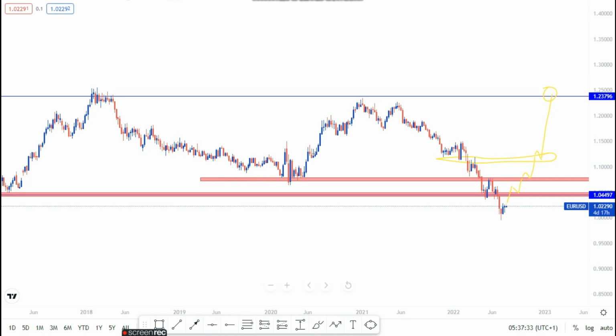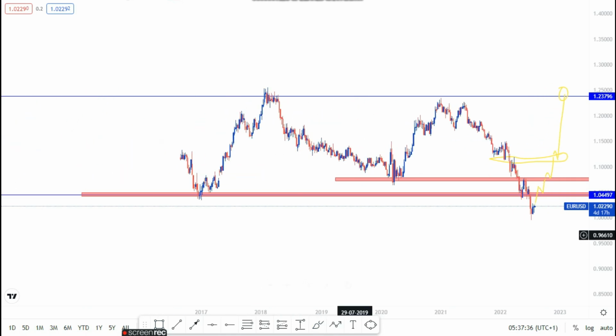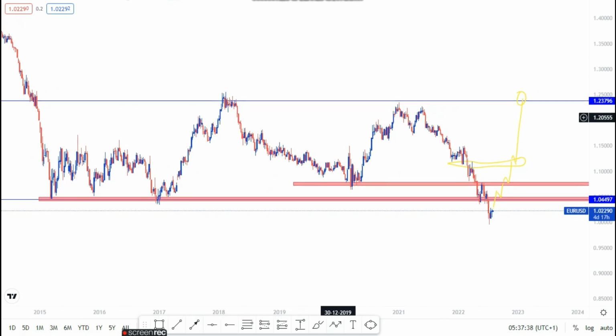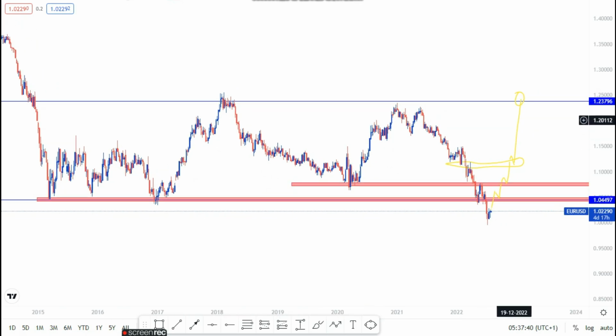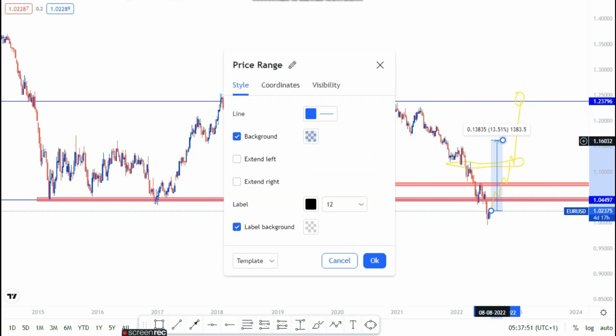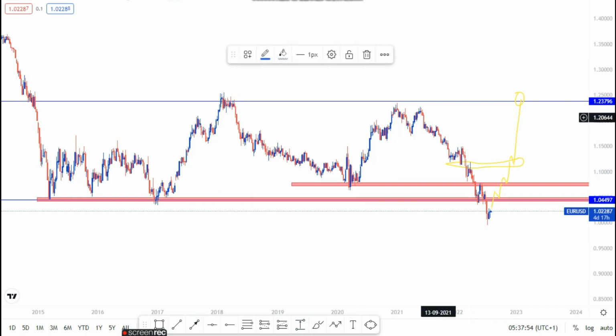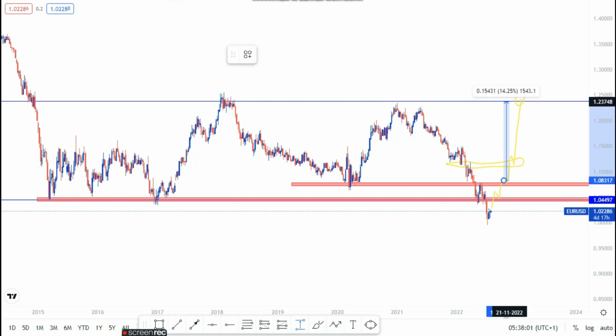That was the monthly level, right? This level here is the monthly. So price can actually do this to go to that level. If price does that from here, how many pips is that? This is 2000 pips plus. So even if you are taking it from here, how many is that? That's 1500 pips. Price can actually do this.